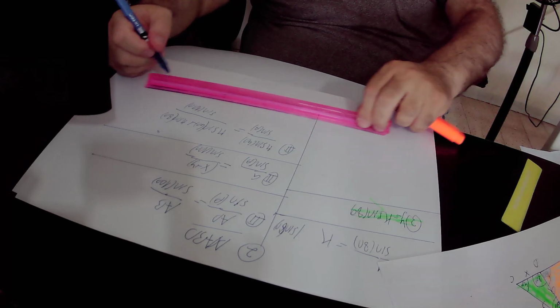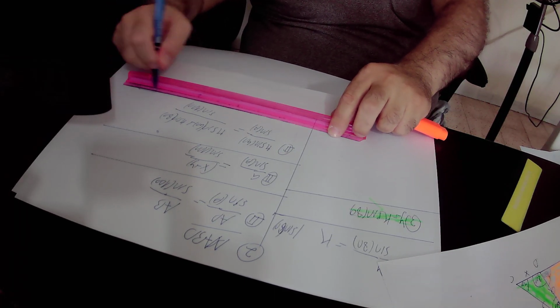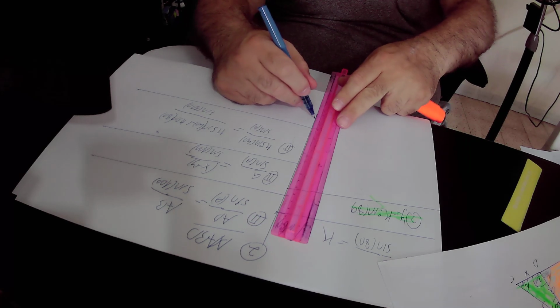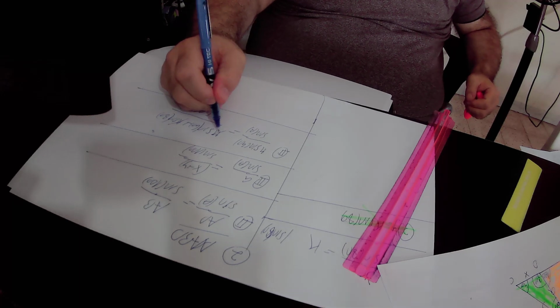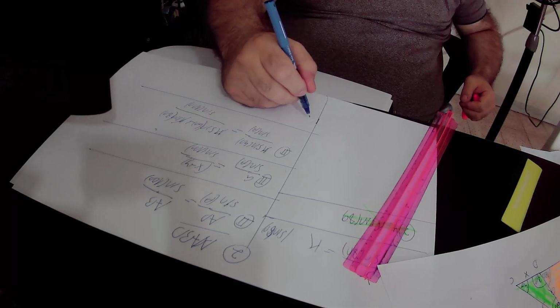Okay. Here we have k on both sides of the equation, so k will get cancelled. What is left after we cancelled k?